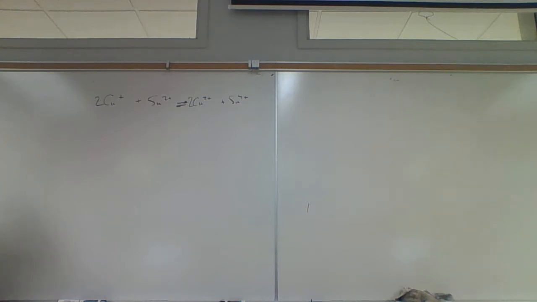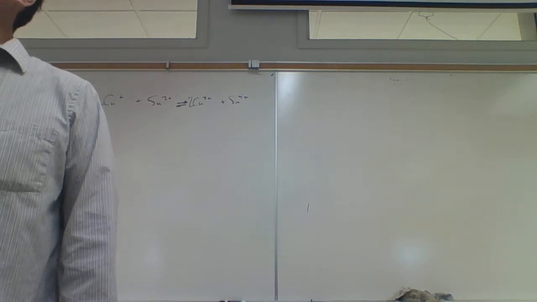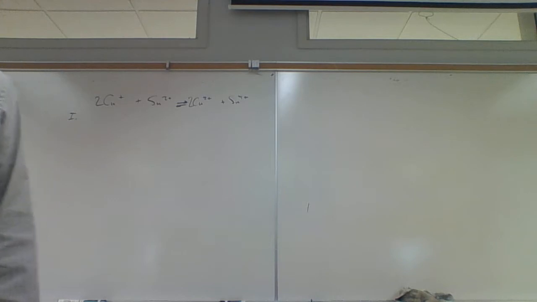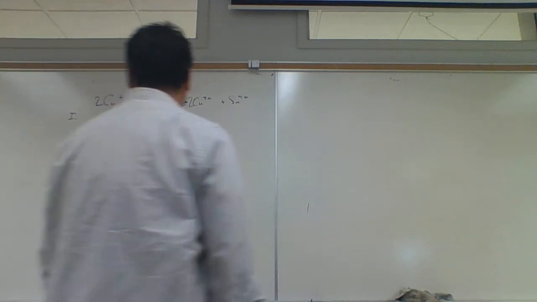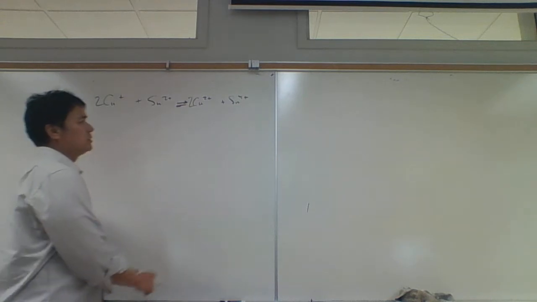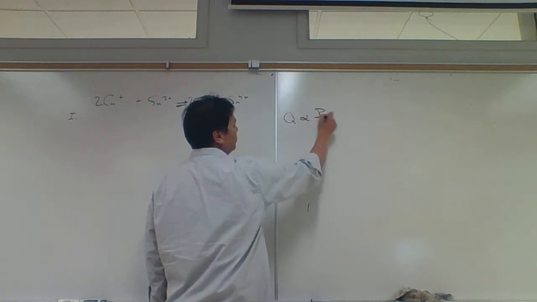If we take some experimental measurements, we see that where this ends up doesn't depend on where it starts. If you look at Q, there's no pattern there. Q was the initial ratio of the products over the reactants, and it could be anything from 0 to infinity.